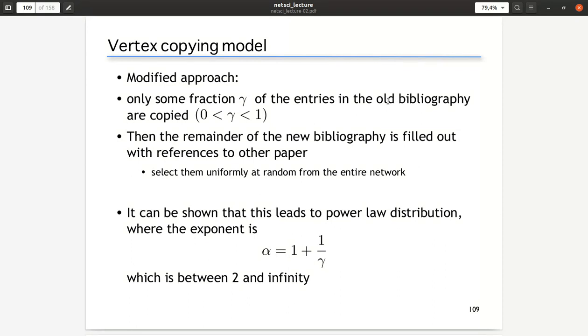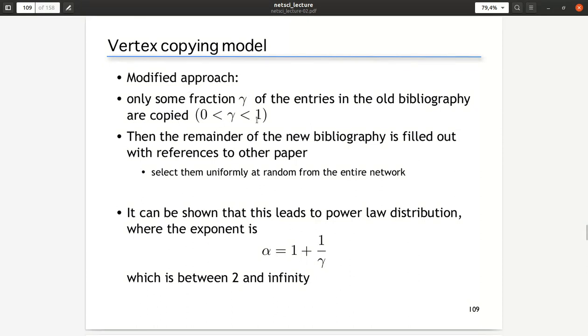And we cannot go into the details, but it turns out that this model gives a power law degree distribution with the parameter alpha, which is equal to 1 plus 1 over gamma. Gamma is of course between 0 and 1, so it's never 0 and it's never 1.